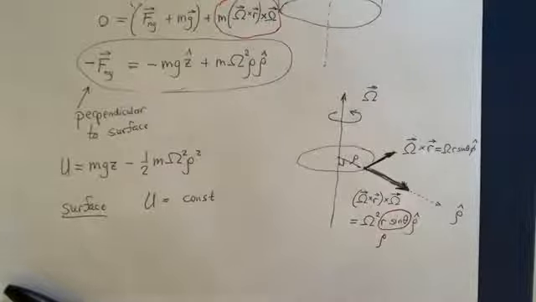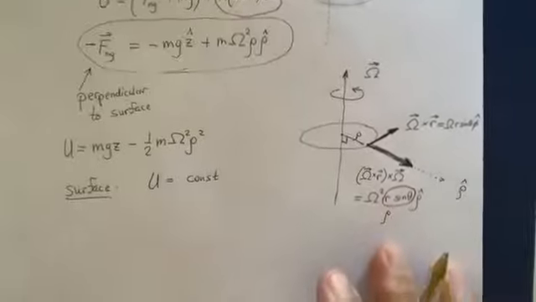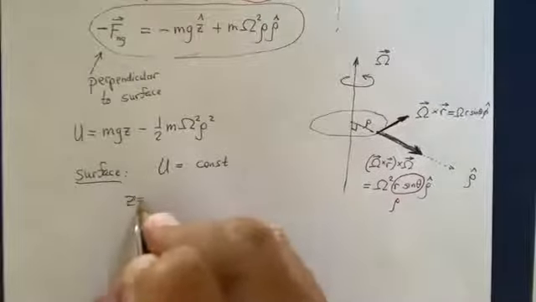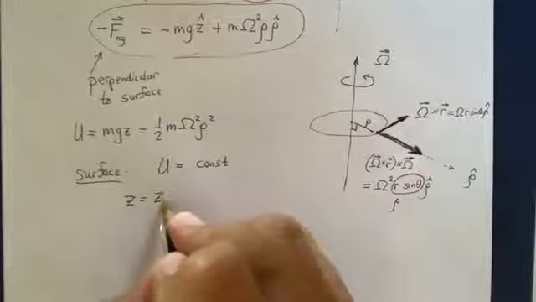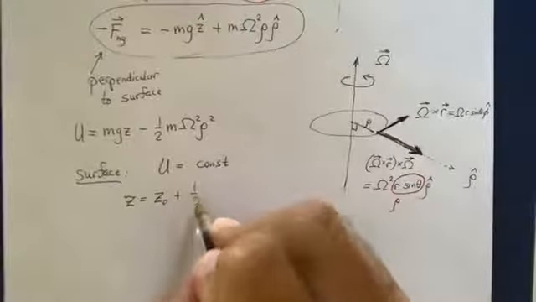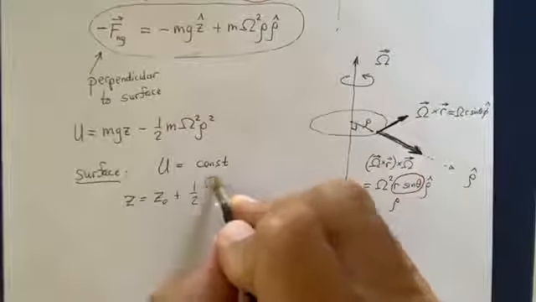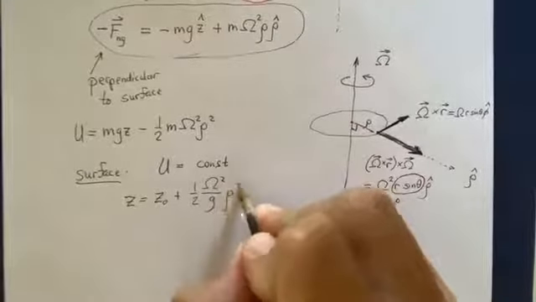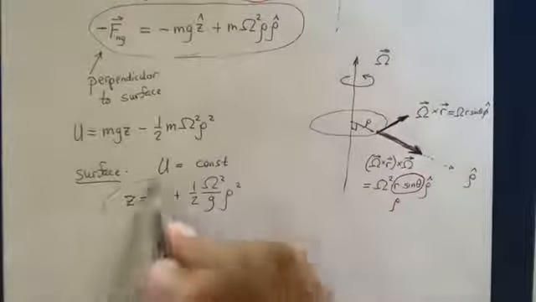Okie dokie, great. The upshot then, you solve it, you clean up a little bit, and you get z equals z naught plus one half omega squared over g rho squared. Okay, there's the formula.